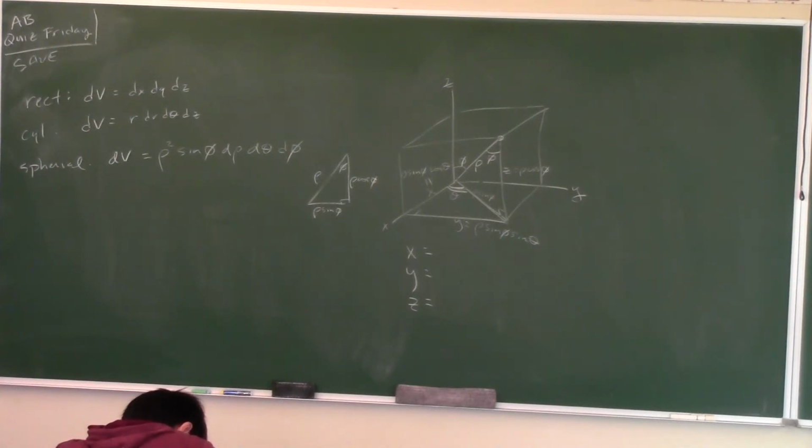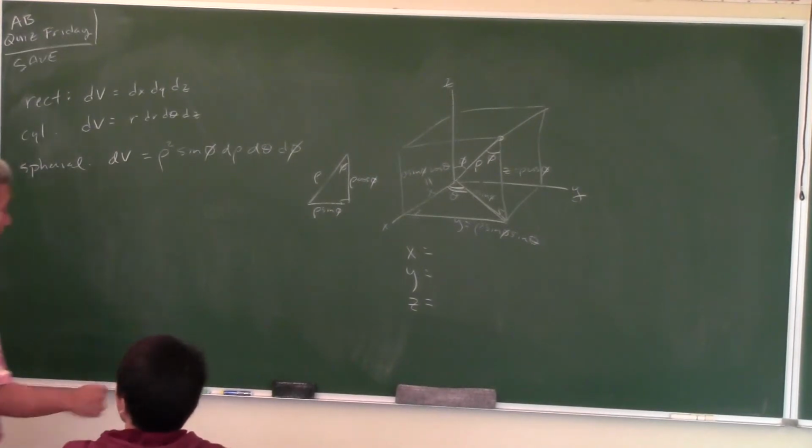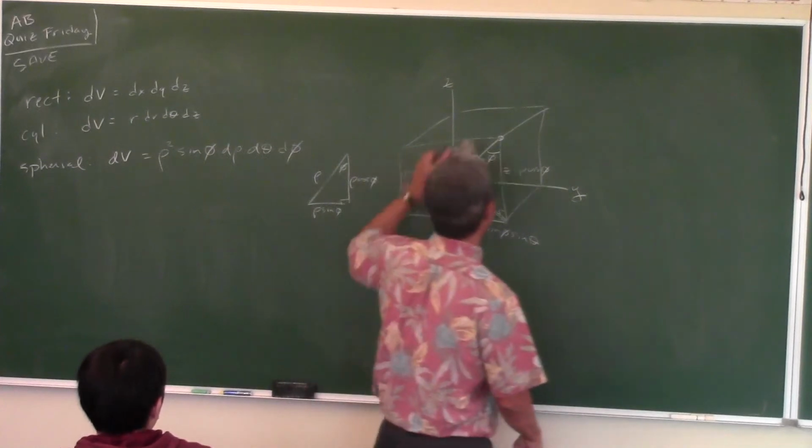Do you want me to set up one of them for you? Look at number 2, you're just converting it into spherical coordinates. You're only doing it in 3 and 4. I'm not gonna do any of those. I'm gonna do one that I.